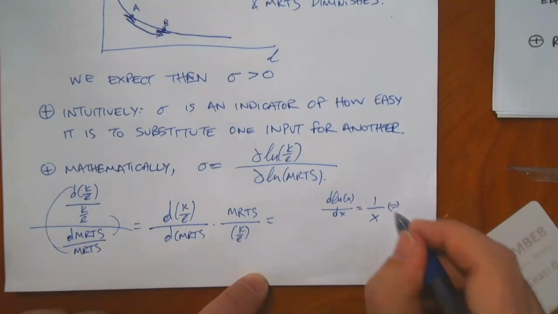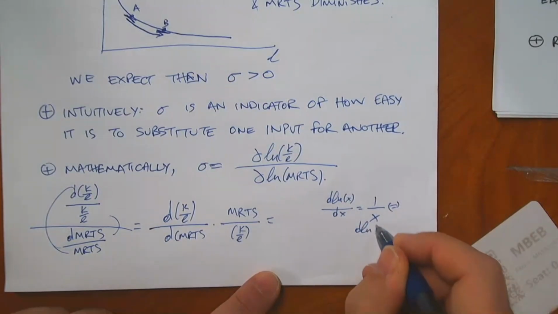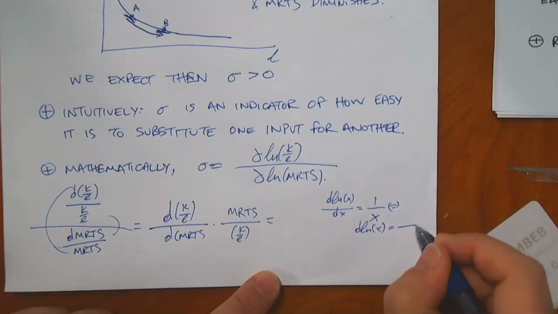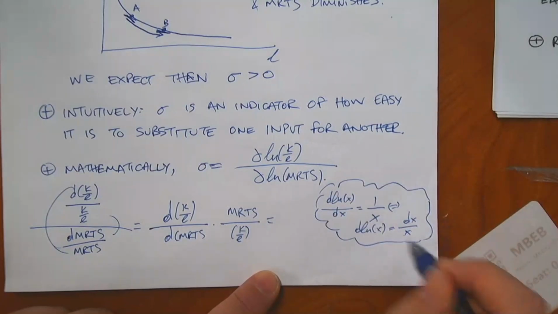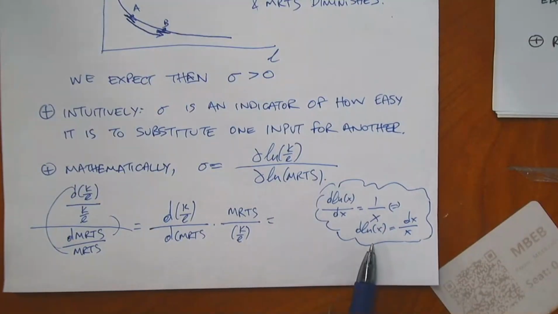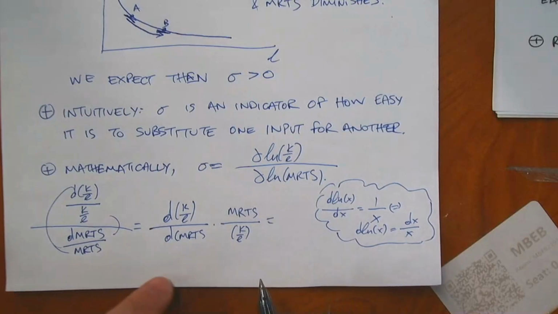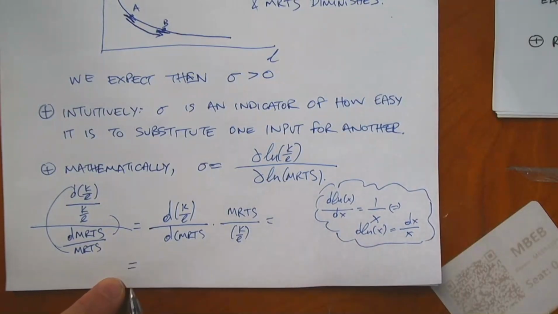Which I can rewrite, right? I can say that dln of x is equal to dx over x. And this is effectively why we get this result. It's based on the fact that we can express the percent change as the log change of the variable. So if you apply this to this expression, let's see what happens.